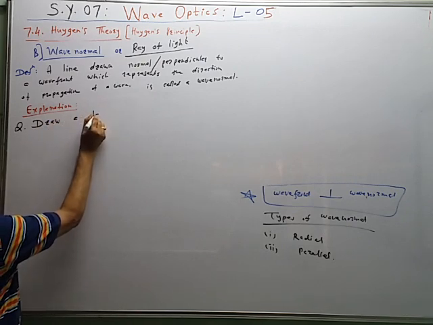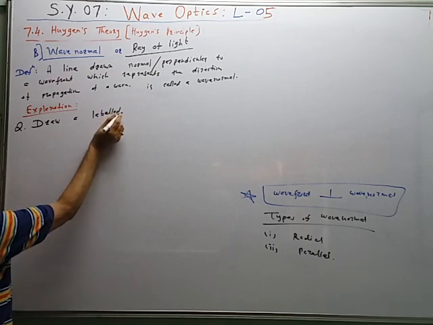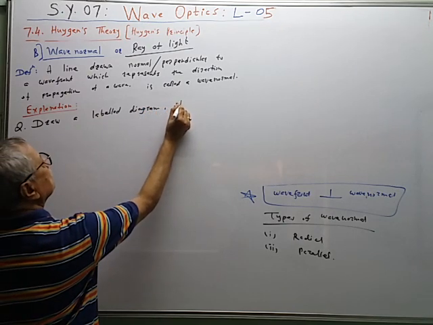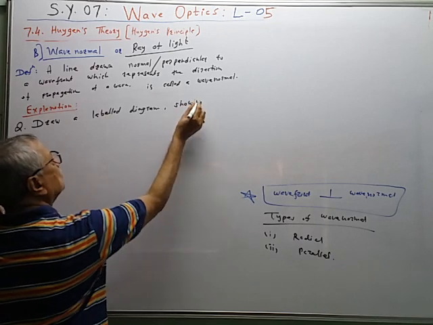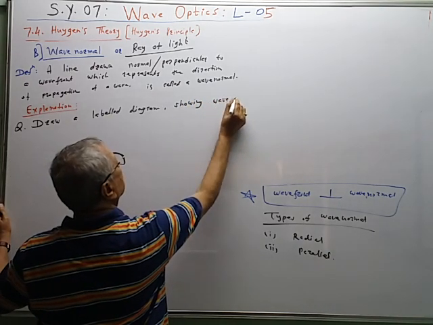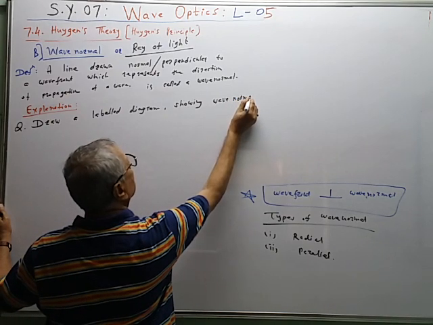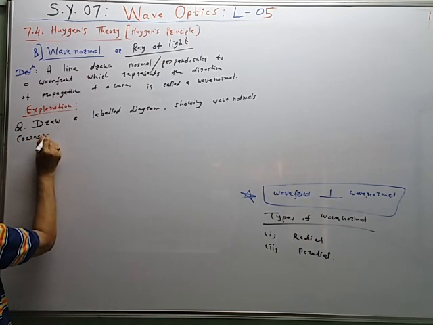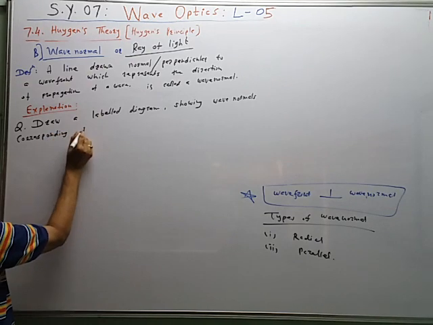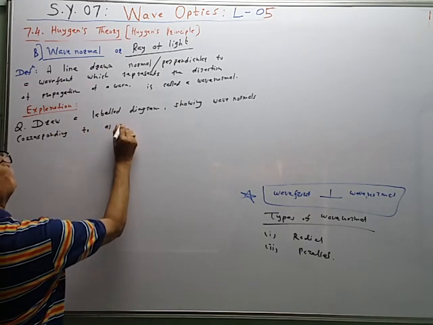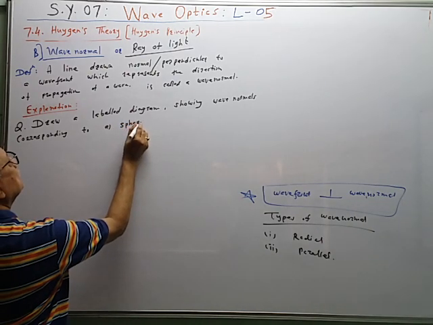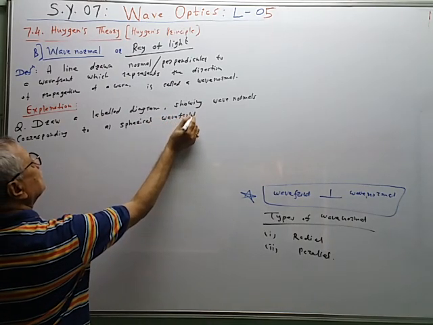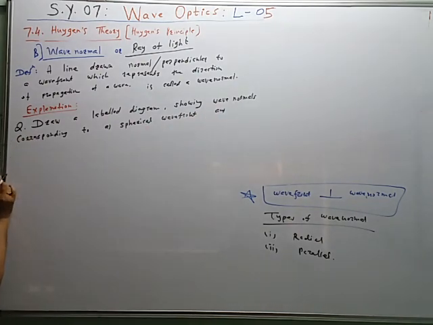Draw a ray diagram showing wave normals corresponding to A, a spherical wavefront, and B, plane wavefront.